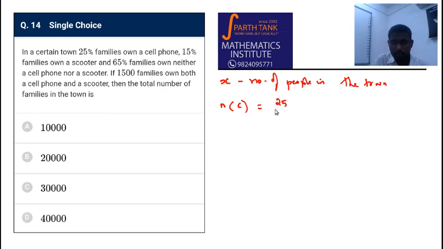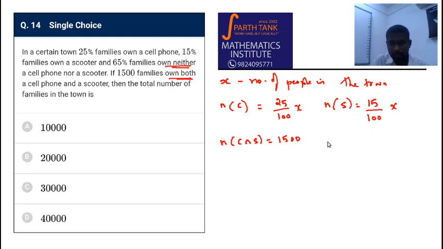So that is 25 by 100 of X. The number of people who have a scooter, they have said is 15%, so 15 by 100 of X. Now the number of families who own both cell phone and scooter is N of C intersection S, and that is 1,500. Both. And then own neither can be written as N of not phone and not scooter, right? This is 65%.